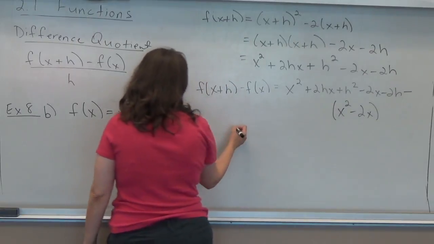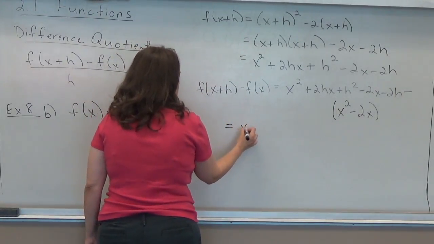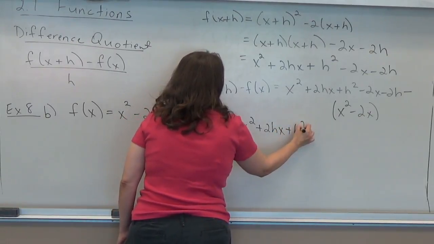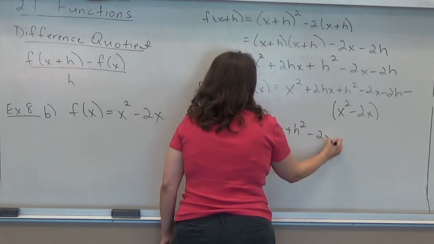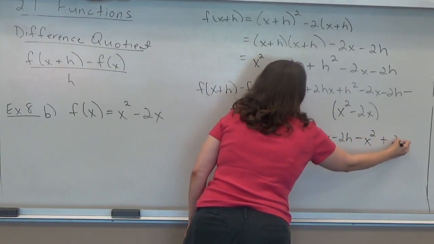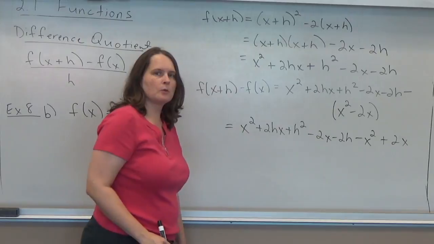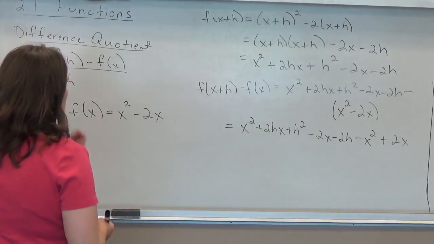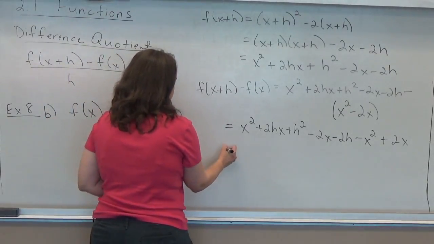So we've got x squared plus 2hx plus h squared minus 2x minus 2h minus x squared plus 2x. At this step, you'll probably be able to eliminate a little bit, or maybe cross out some like terms.